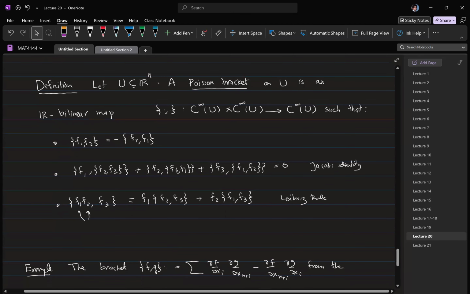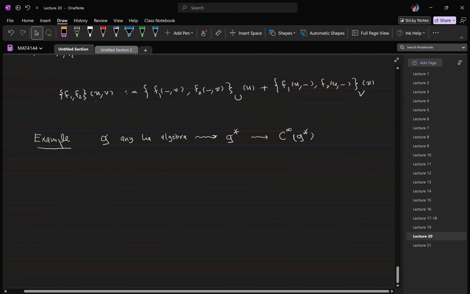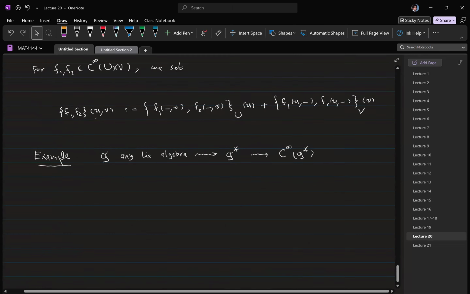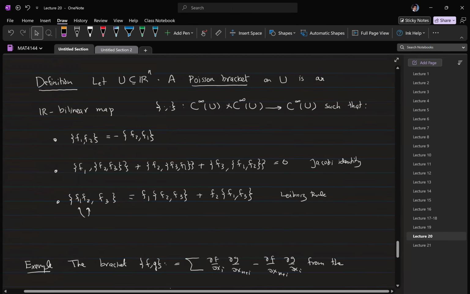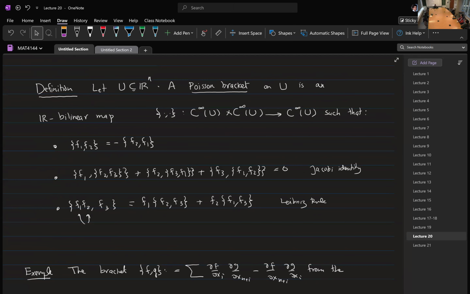All right, this is elementary, right? And what I wanted to show you is how to obtain an important example of a Poisson structure, which means a bracket on the space of functions, in the case where U is the dual of a Lie algebra, for any Lie algebra. All right, so this is what I want to show you right now.